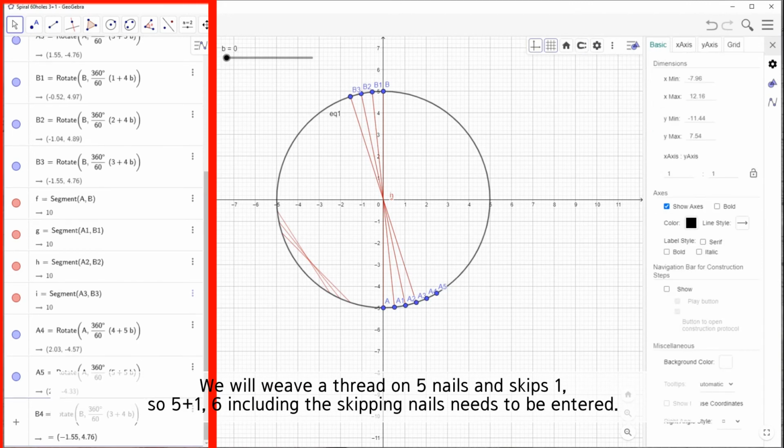We will weave a thread on 5 nails and skip 1, so 5 plus 1, 6, will be input.